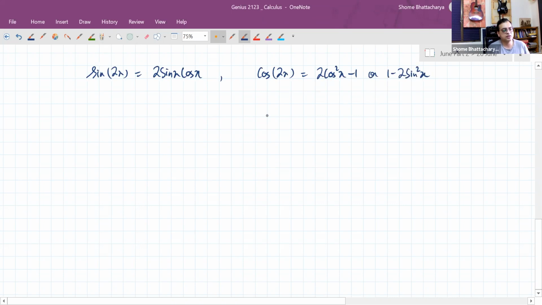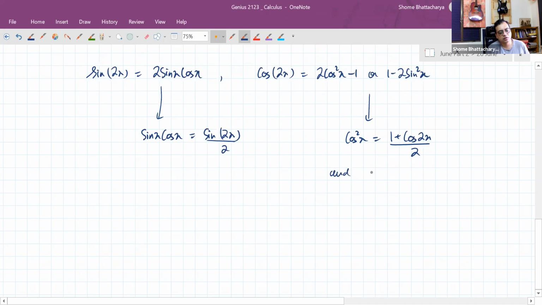Okay, so this is very useful because from this we can always write sine x cos x as this. And from this we can write cos square x as (1 plus cos 2x) divided by 2, and sine square x as (1 minus cos 2x) divided by 2.